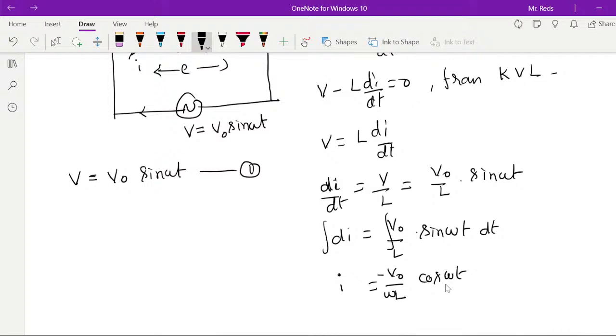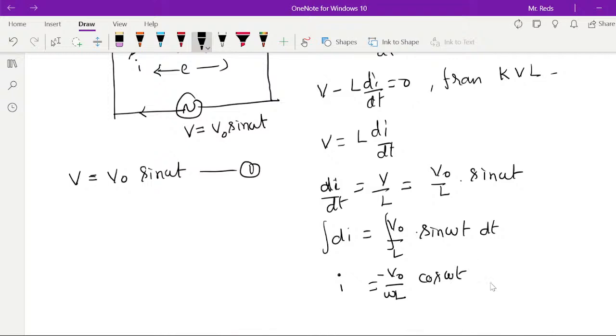Already I have taken so much time and explained when to take what. Cos theta can be expressed as sin 90 minus theta, or sin 90 plus theta. Both can be expressed. But here, if you take the negative sign inside, it becomes cos of minus omega t.